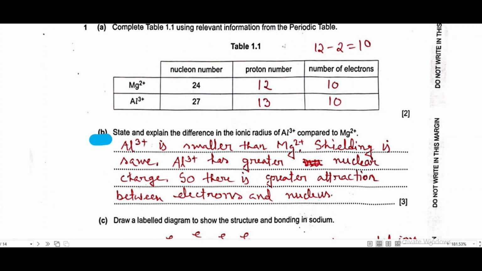B. State and explain the difference in the ionic radius of aluminum ion and magnesium ion. Aluminum ion is smaller than magnesium ion.